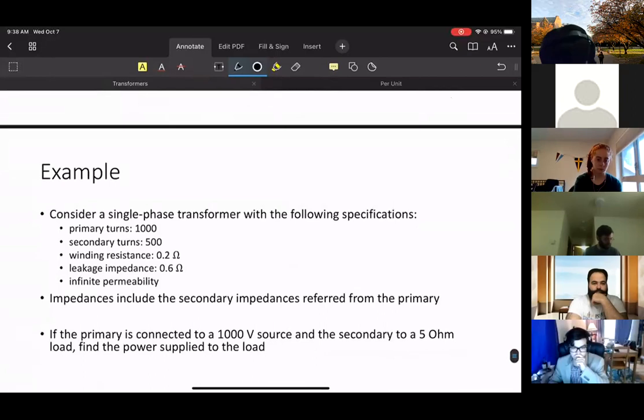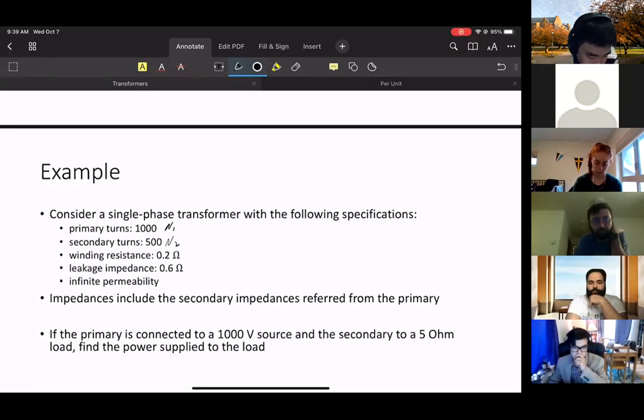The example says we have a single phase transformer, and it gives us the primary turns N1, N2, the winding resistance, the leakage impedance, and infinite permeability. The impedance includes the secondary impedance referred to the primary.